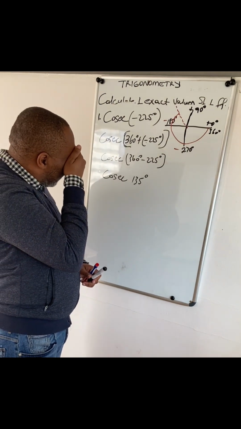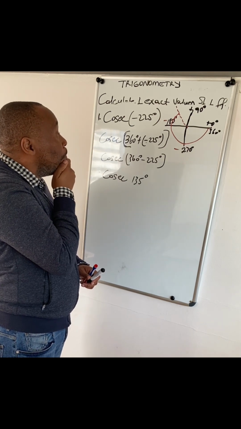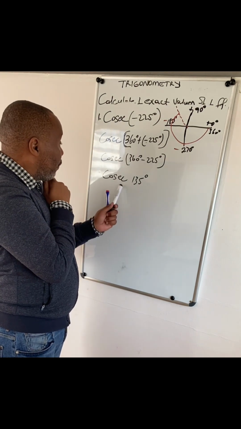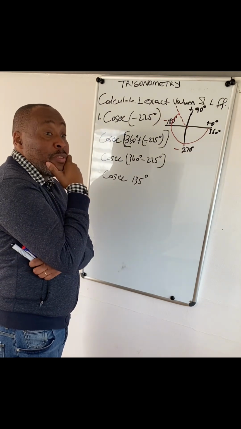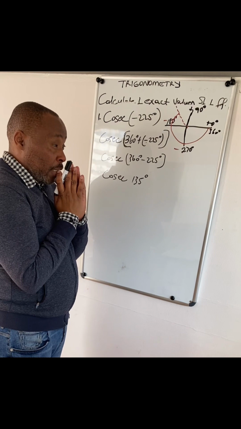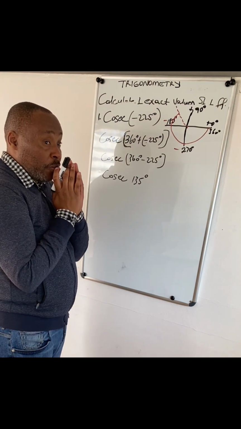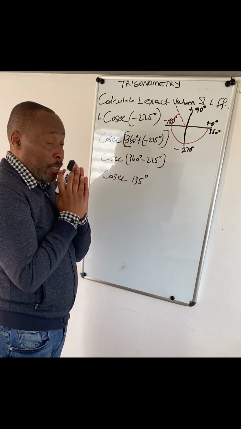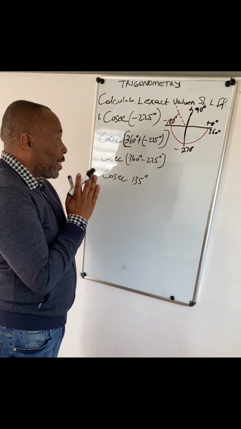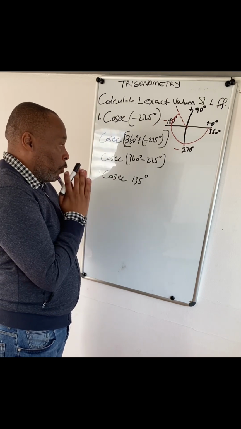So cosec at 135 degrees, remember cosec is the inverse of sine. 135 degrees is second quadrant, and cosec being the inverse of sine is positive in the second quadrant. So my answer is positive, that I'm already certain of.